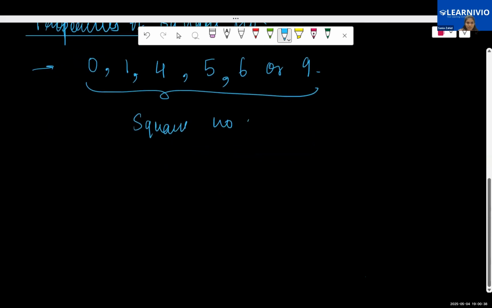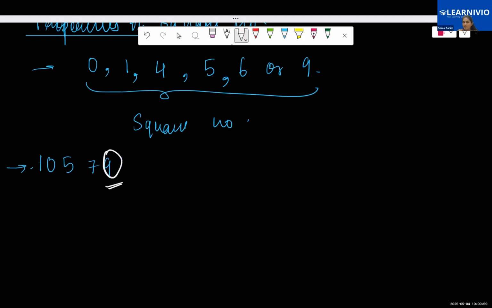Let's suppose I have 10579. Now, without calculating the answer, can I just look at the figure and tell whether it is a square number or not? Let's just check the last digit of 10579. It is 9. So since it has 9 as its last digit, that means it can be a square number.